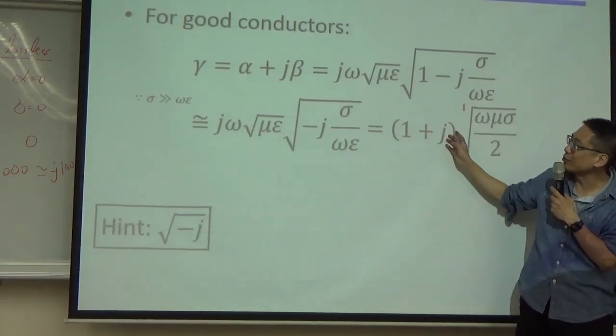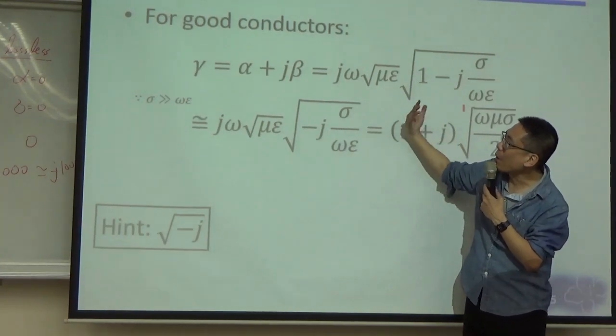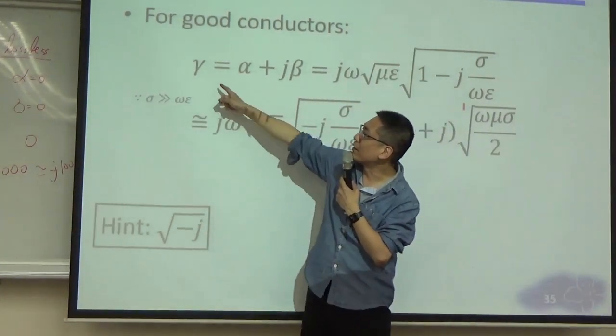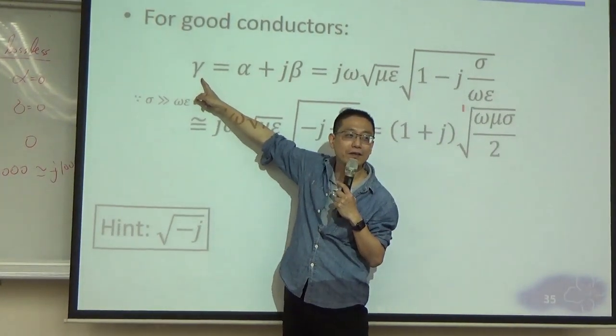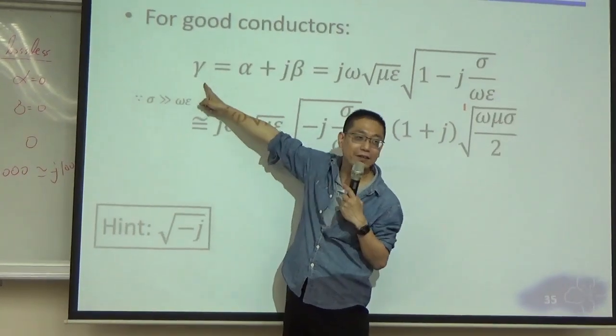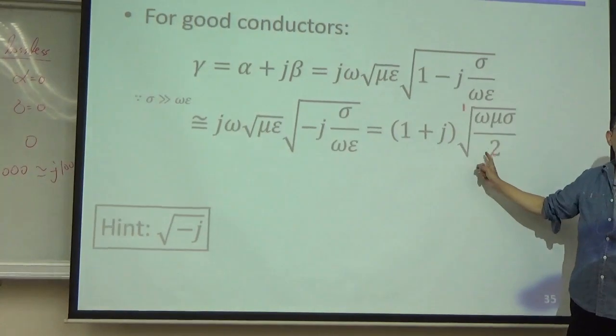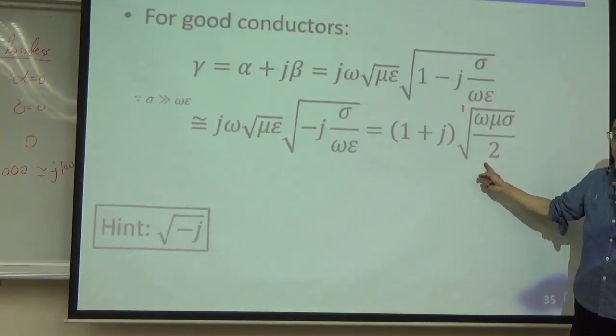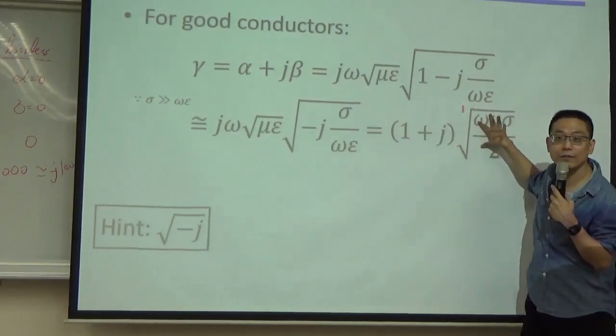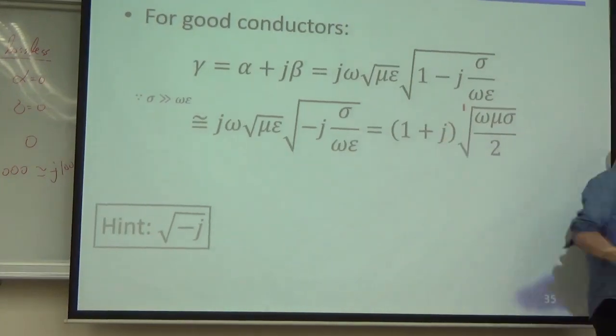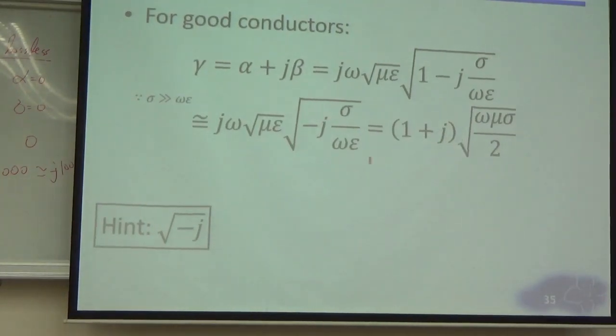We try to calculate the propagation constant if this is a good conductor. This one can become this one. And this is alpha, right? See that?